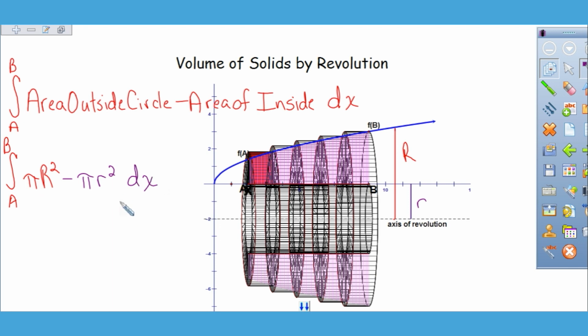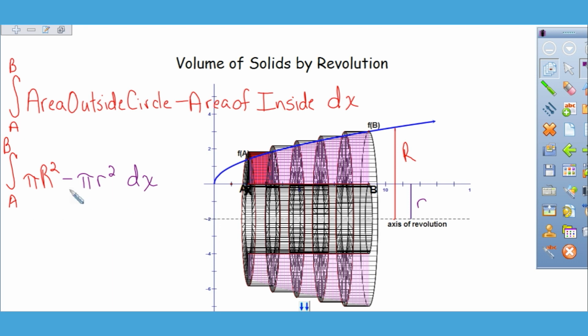And if we add up all of those, we will find the volume of this crazy solid. That's a crazy tower thing with a cylinder in the middle, isn't it?